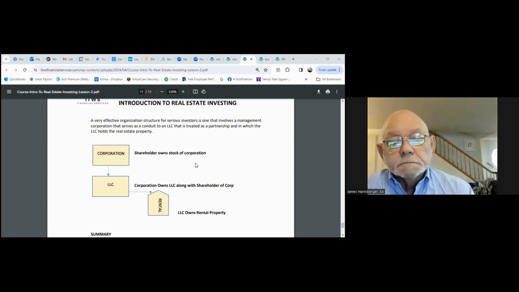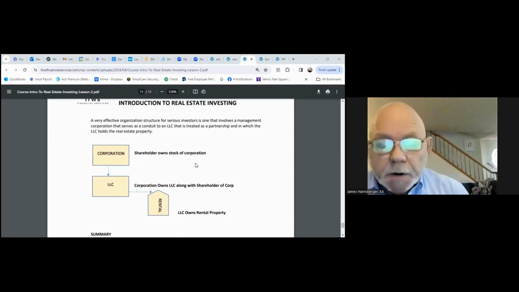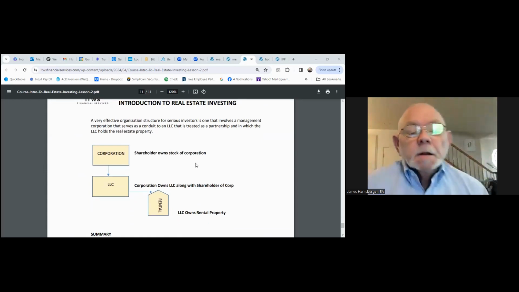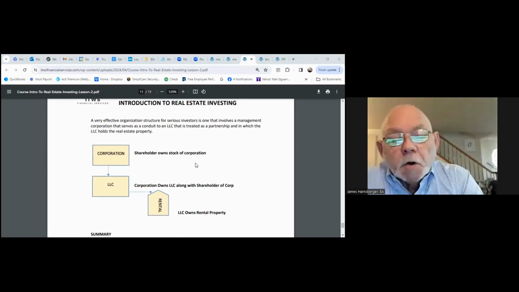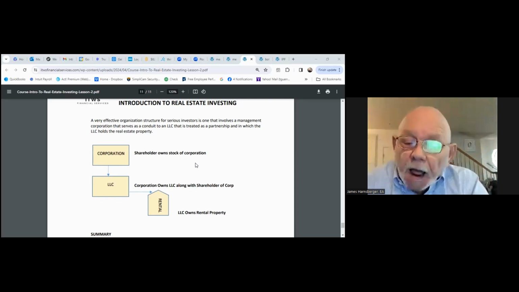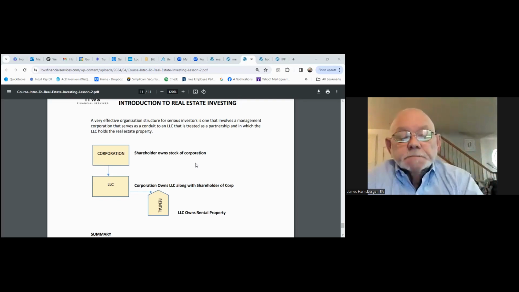All right. So now I want to dive into a structure, what we call a management conduit structure, where you have a corporation and you and or your spouse are the shareholder who owns 100% of the stock of the corporation.